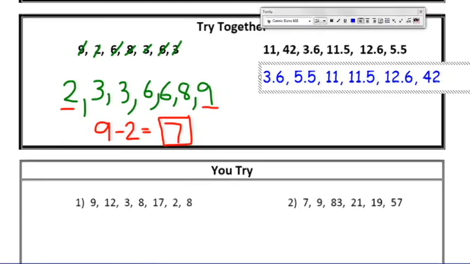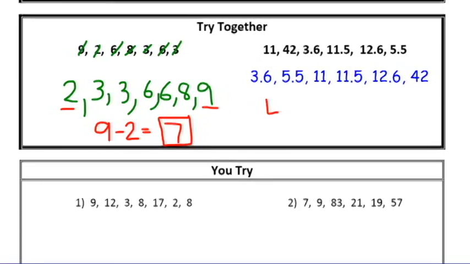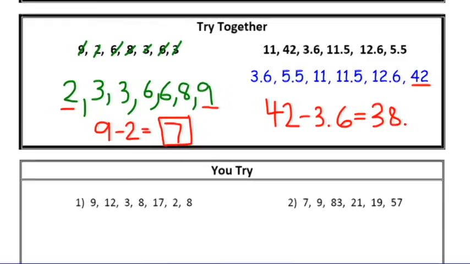We take the biggest value, 42, right here, minus the smallest value. Quick calculator moment, because decimals are a little tricky. If you want to challenge yourself to do it by hand, definitely go at it. But check your work with a calculator. You should get 38.4 as your final answer.